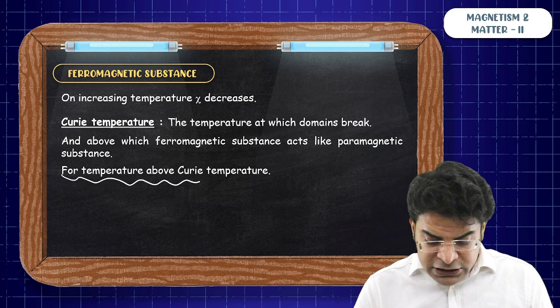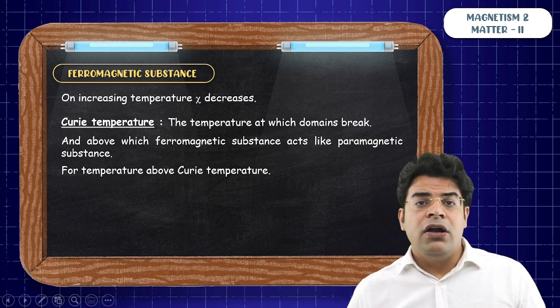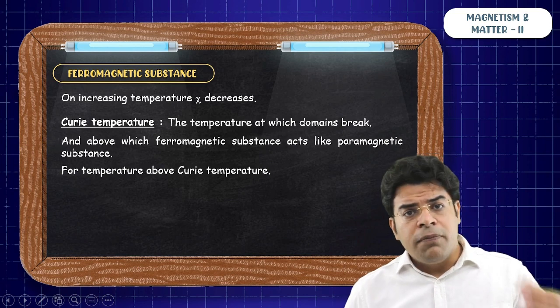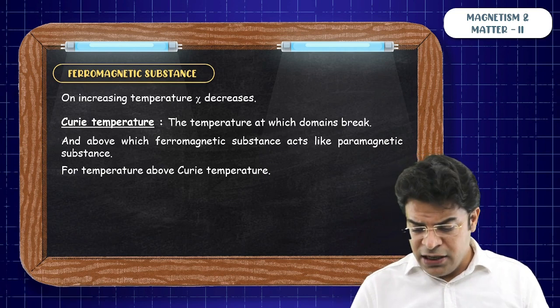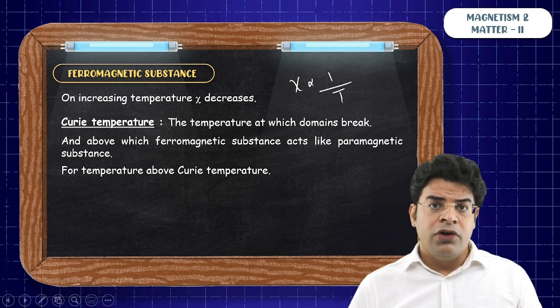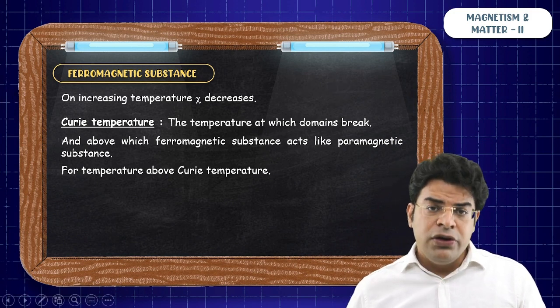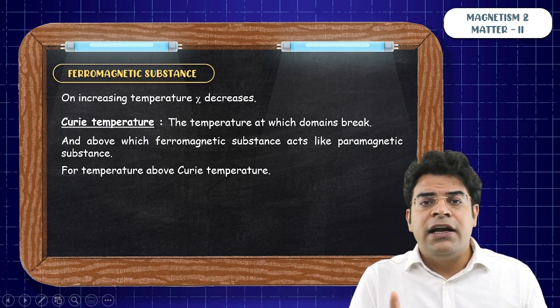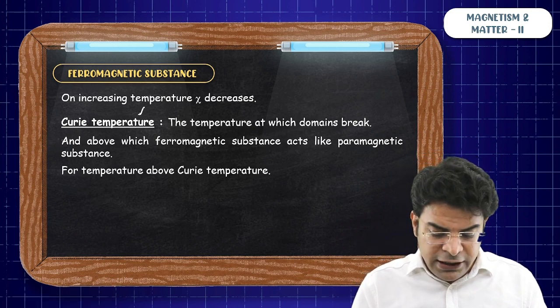For temperatures above the Curie temperature, we have a law just like Curie's law for paramagnetic substances. For paramagnetic substances, we said that the susceptibility is inversely proportional to the temperature on the Kelvin scale. But we know that the ferromagnetic substance acts like a paramagnetic substance only above the Curie temperature.